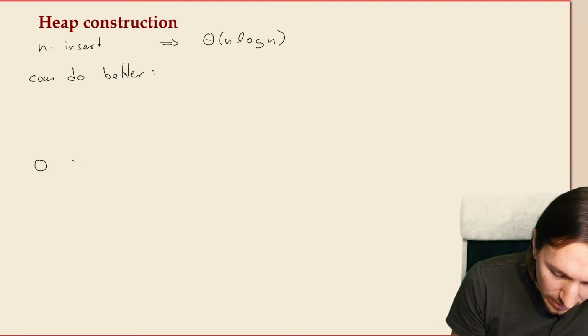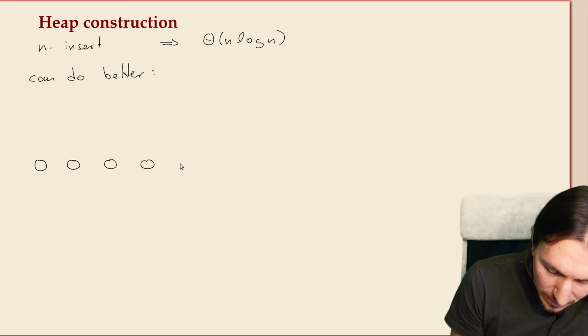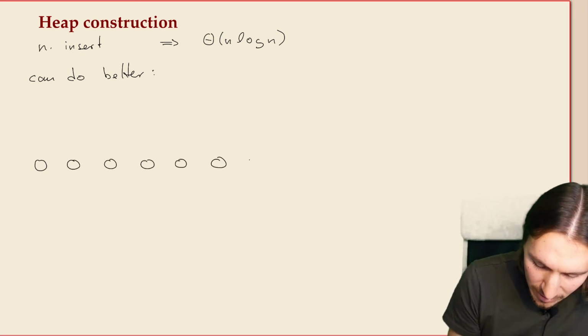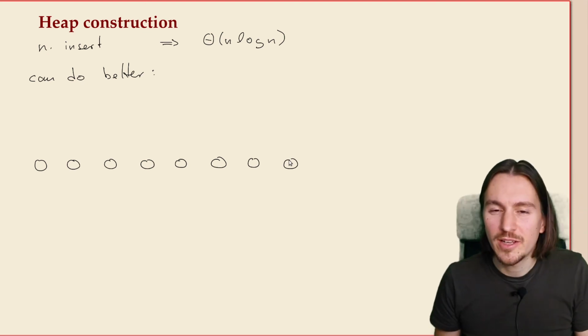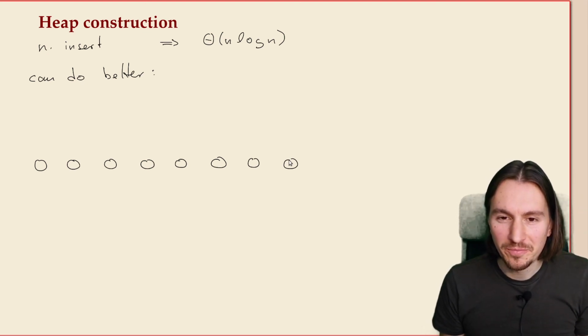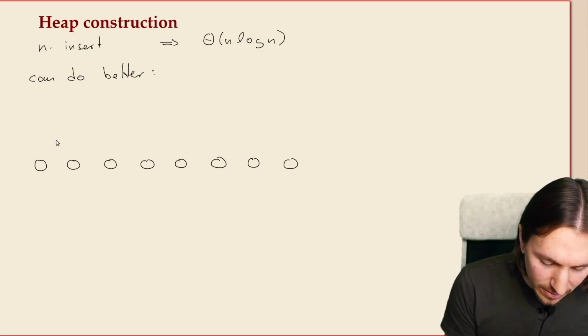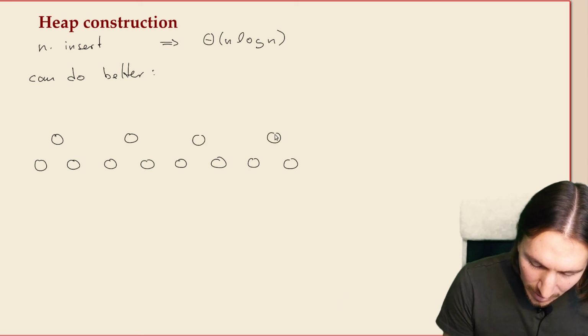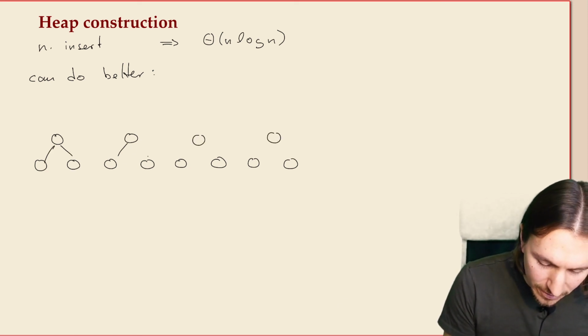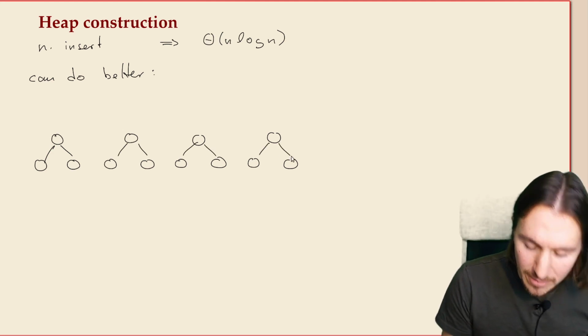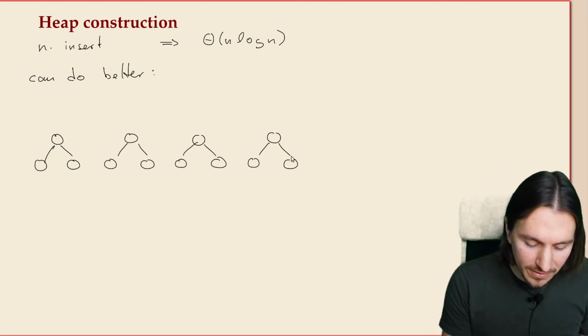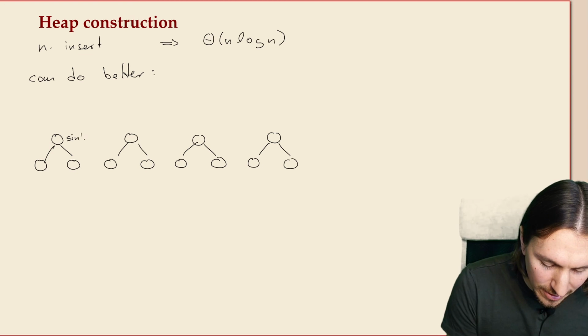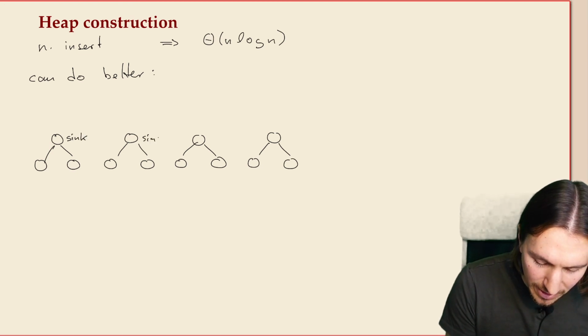So you take the last half of your elements and put them as individual numbers here. Then you take the next quarter of your elements and put them above these. Sorry, that should be here. And you make these little heaps of size 3. What you have to do for that is let each of these sink down.